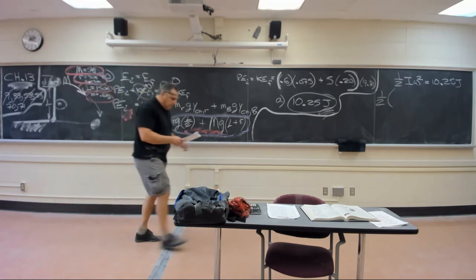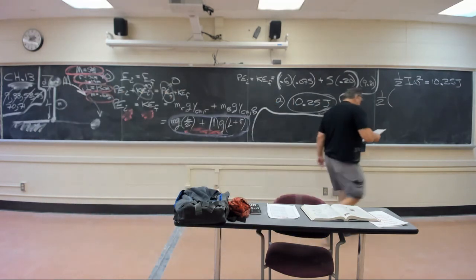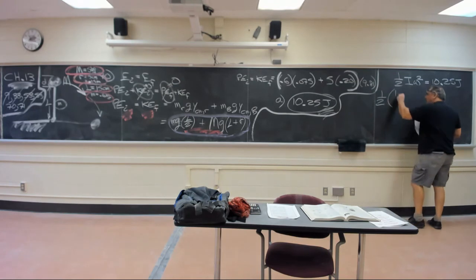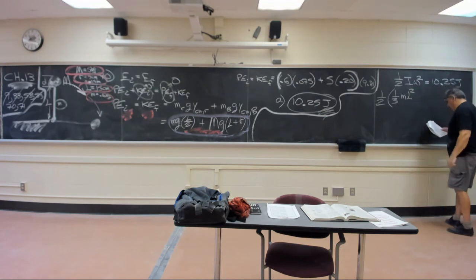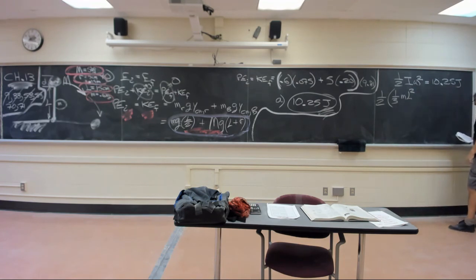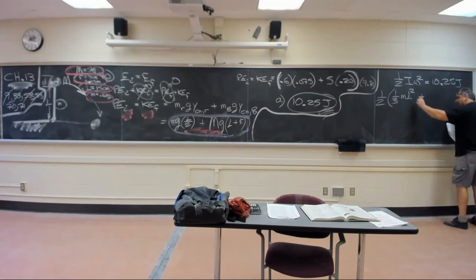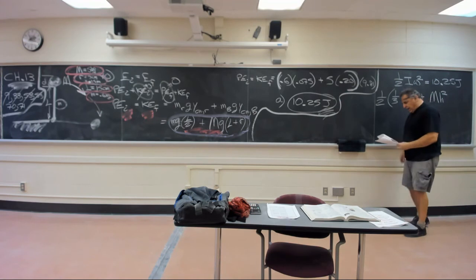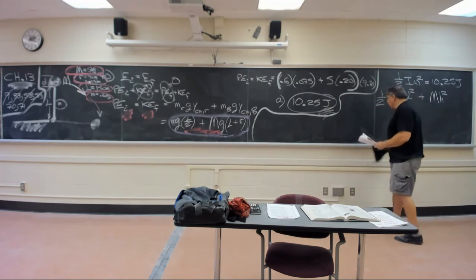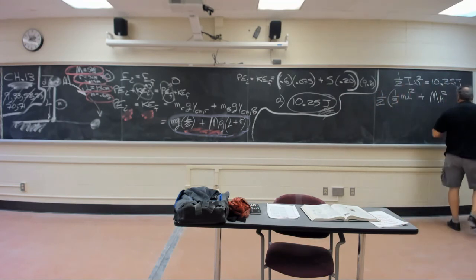And looking that up, we get 1/2 mass of the rod times the length of the rod squared, plus the large mass, the ball, h squared. And h squared, we'll talk.